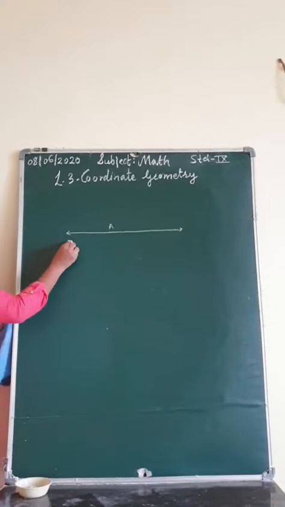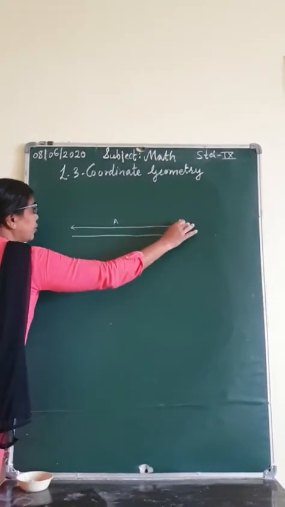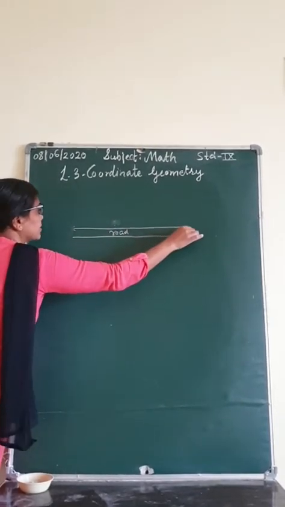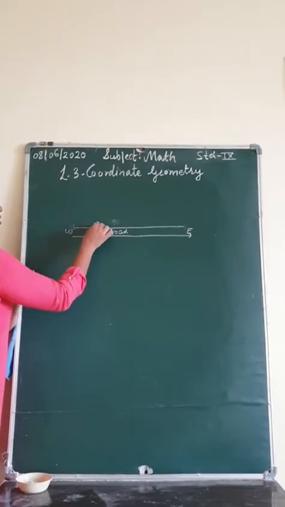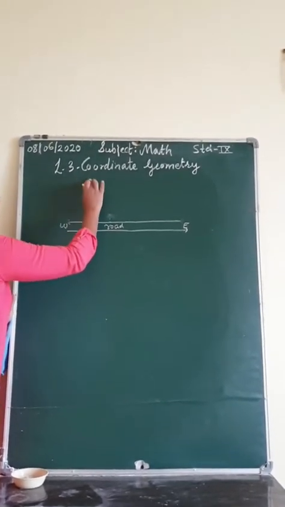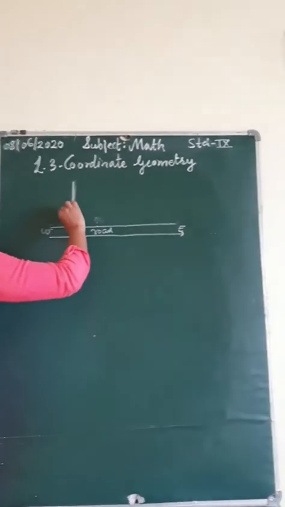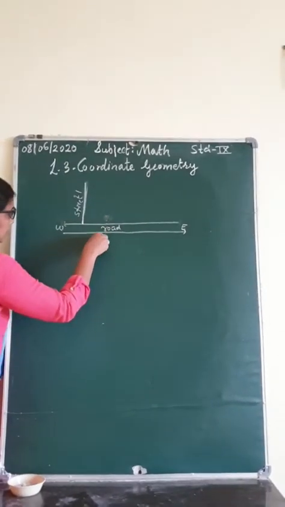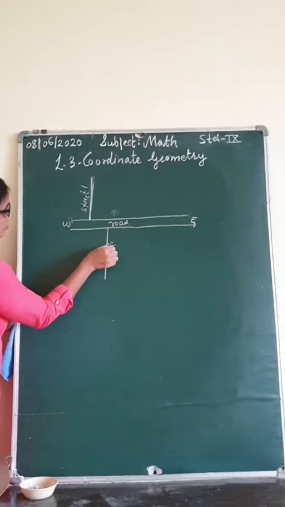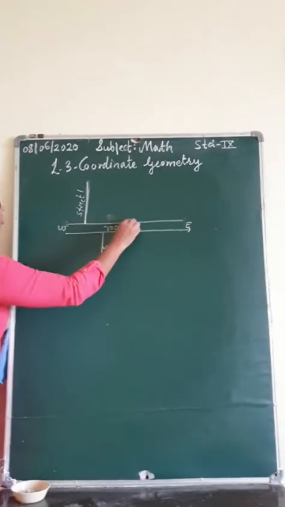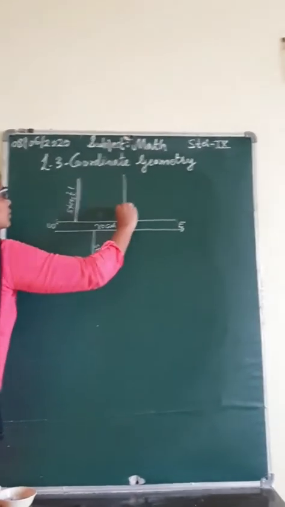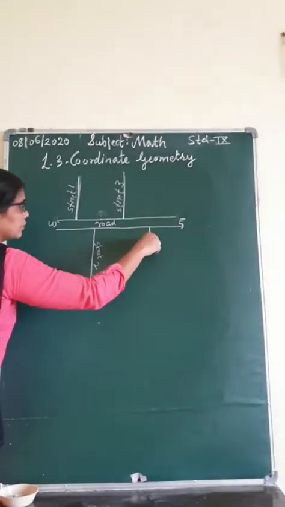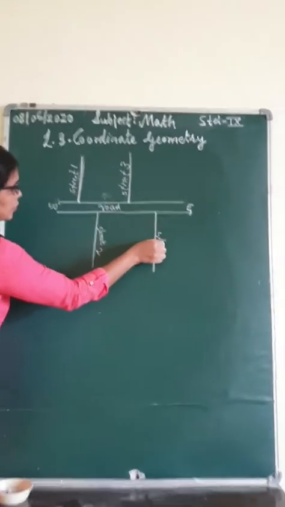Suppose this is a main road running from east to west. And alongside the road, there are streets. So this is street 1, street 2, street 3, street 4.